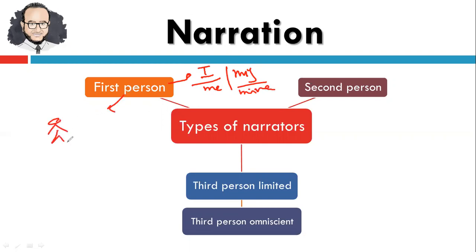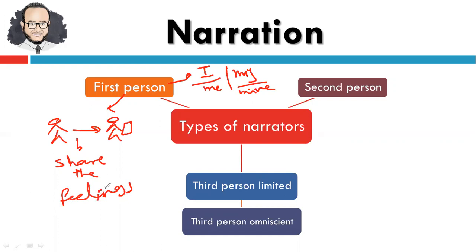If I say that this is the main character in a novel and I'm the reader of this novel, how come I'm going to share the feelings with this kind of character? He's telling me what. That's why I'm using here I, me, or mine. So you are going to share the same feeling of the main character in the novel or the characters of the novel.